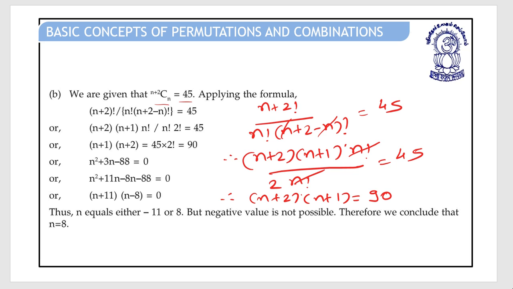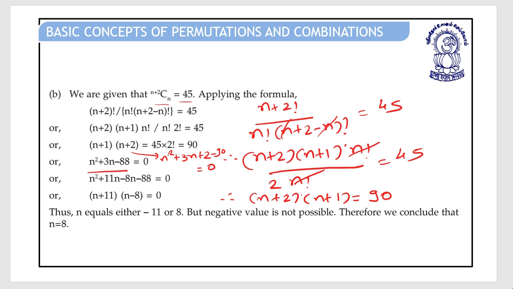Okay. So n square plus 3n, 2 ones are 2, minus 90 is equal to 0. So minus 88 is equal to 0.